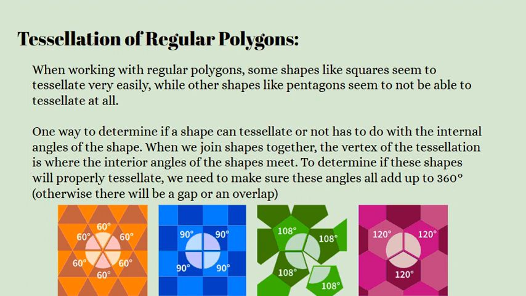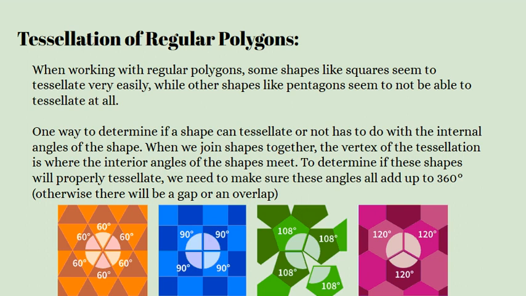So these are some examples where shapes, again, meet at a particular point. So right here, these shapes all meet right there, right here, and right here. And for you to be able to tessellate, the angles at that point need to add up to 360 degrees. So the interior angles have to add to 360.